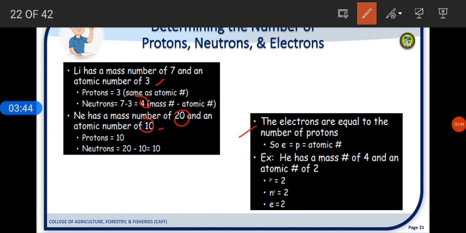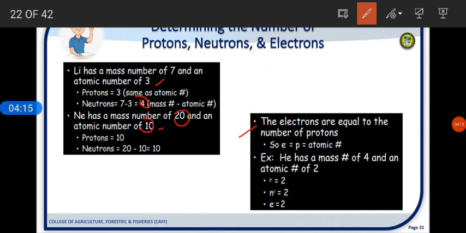Okay, let's proceed to this part. The electrons are equal to the number of protons. Okay, so just remember the atomic number indicates the number of protons, while the electrons are equal to the number of protons. Okay? For example, He, or helium, has a mass number of 4 and an atomic number of 2.